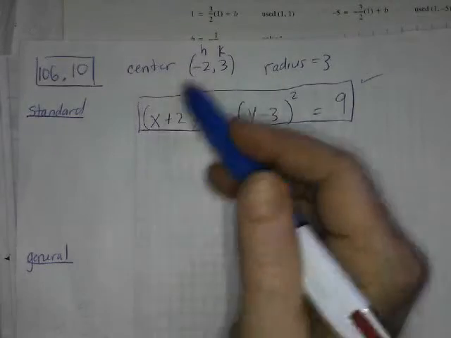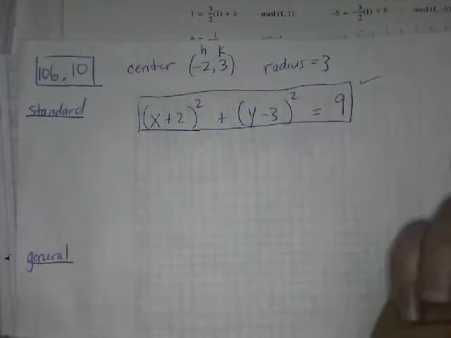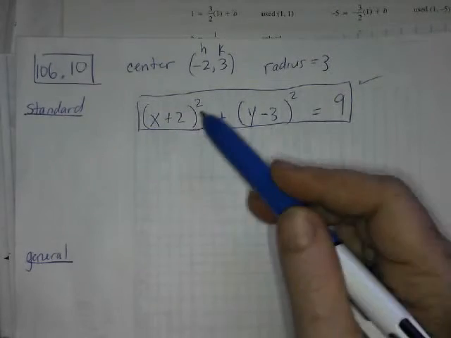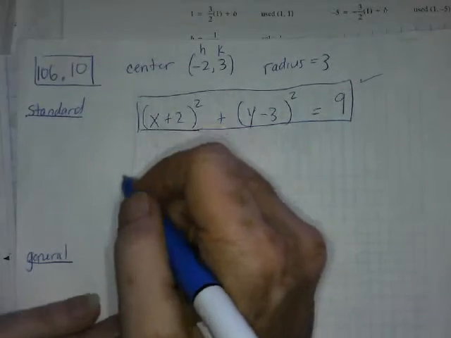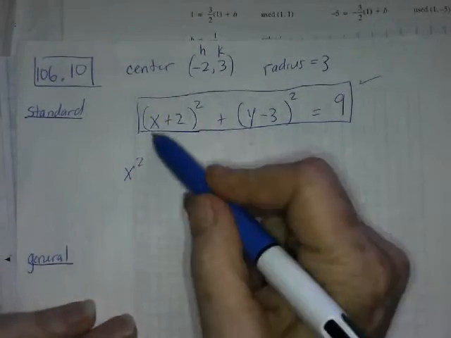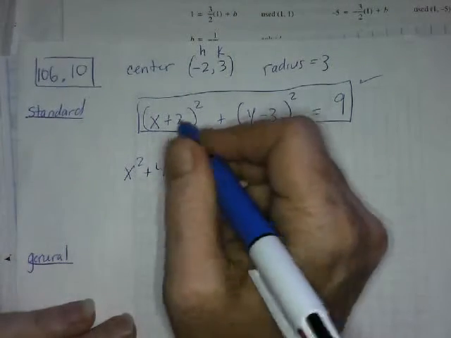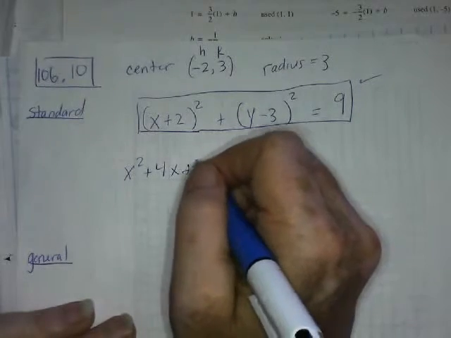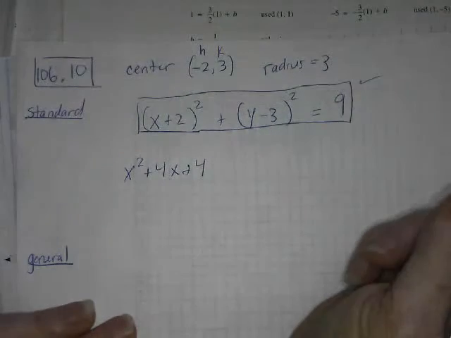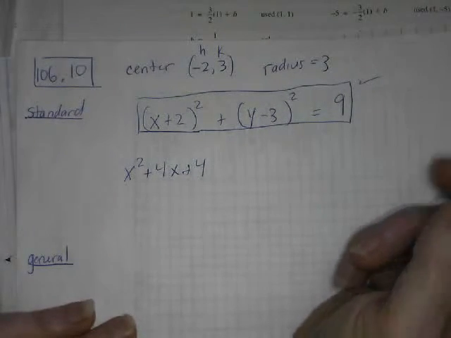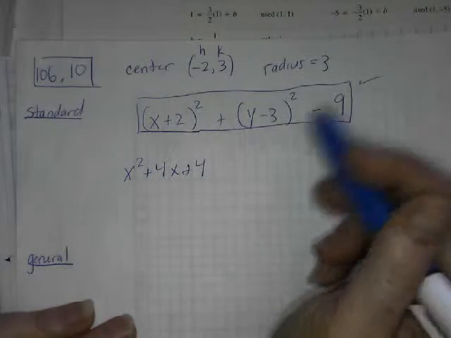Now general form, all you've got to do is FOIL them out. I can kind of do it in my head. I go the first thing squared, and then that times 2, so that would be 4x, and then the second thing squared. It's that little square pattern, a plus b squared equals a squared plus 2ab plus b squared.